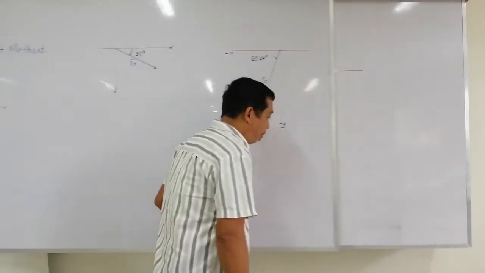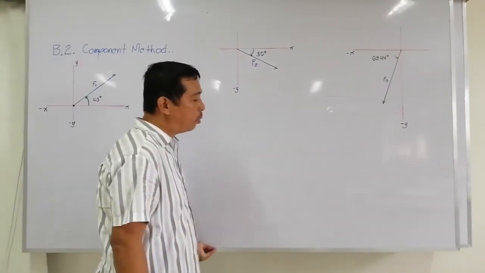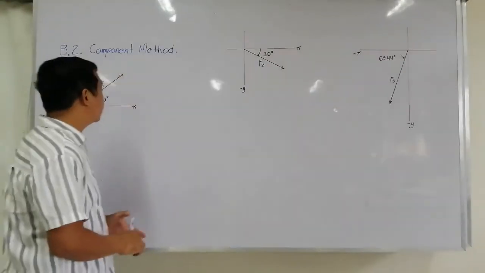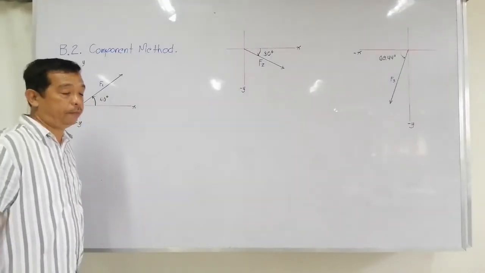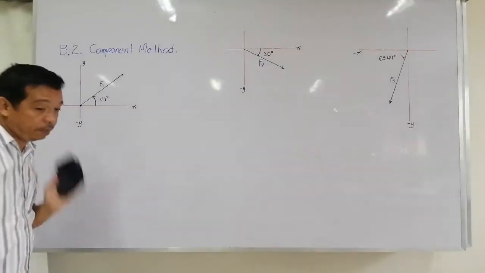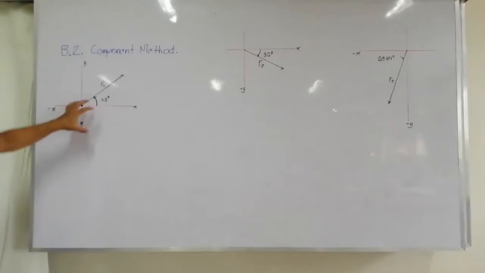Kasi sabi nga natin, yung component, meron siyang x and y values. This is x and y parts. So, meron tayong F sub 1.